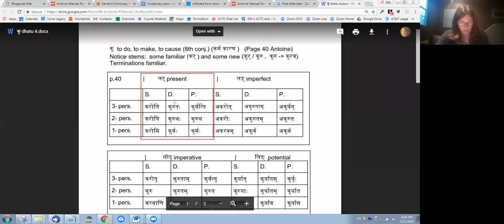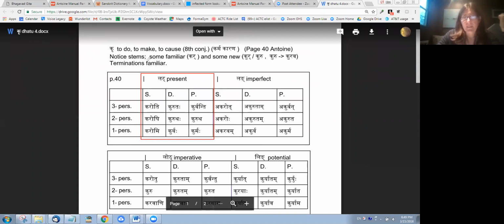There's a typo there in the upper right box. It should be Kurmah. And Antoine writes them upside down, and what we want to really get in the practice of is reading the third person first, followed by the second person, so we flip it around. But so I'm just going to reintroduce this. It's the Kru Dhatu. It means to do or to make. It's an 8th conjugation.